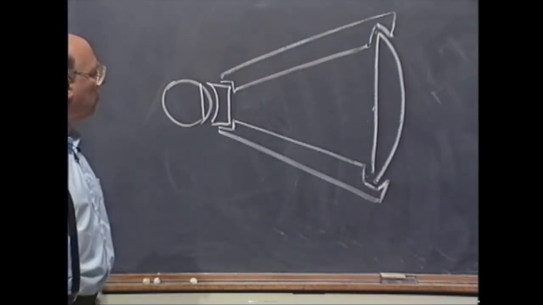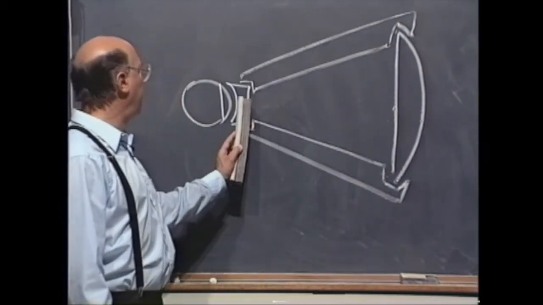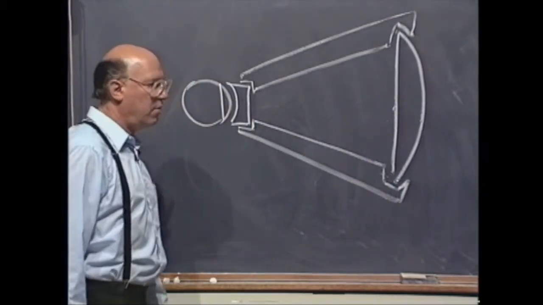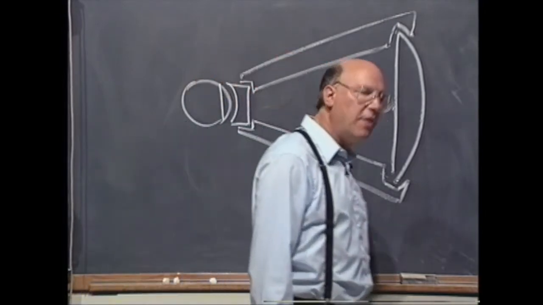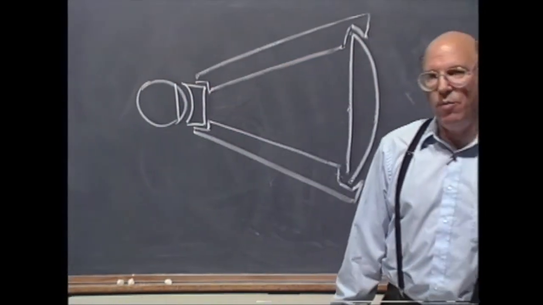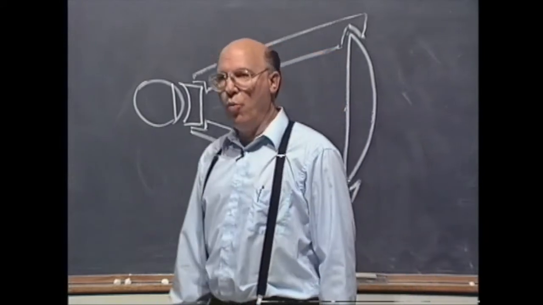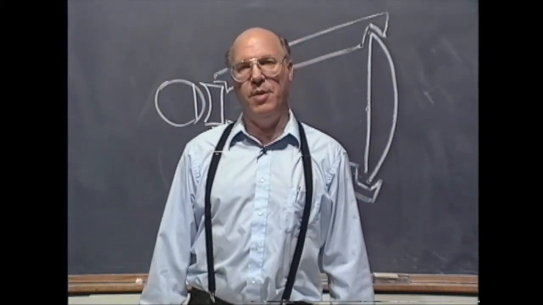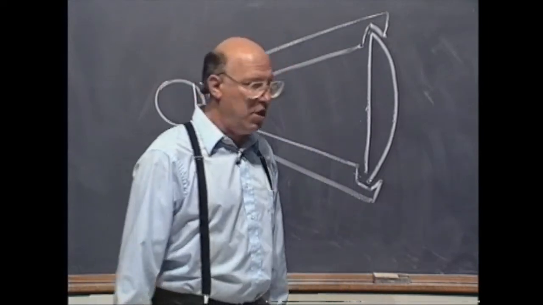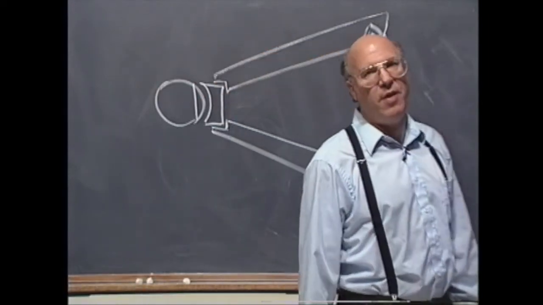Now, there's a telescope with a positive lens in front and a negative lens in back, and a human eye looking through it. What's the magnifying power of that telescope? That's my question to you. Well, we need an equation for magnifying power, and you haven't been given any equations at all. So without an equation, how can I come up with what the magnifying power is?